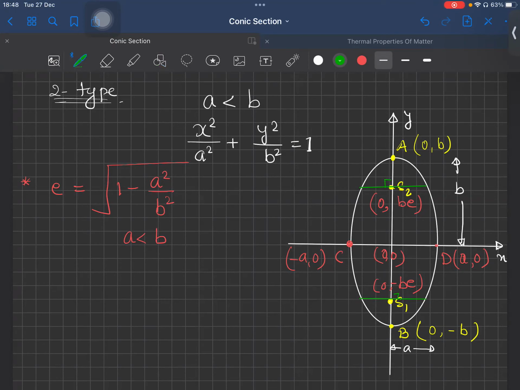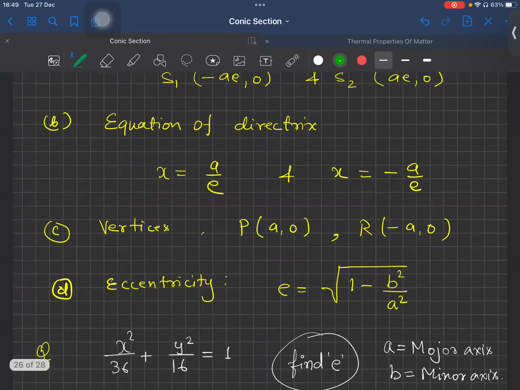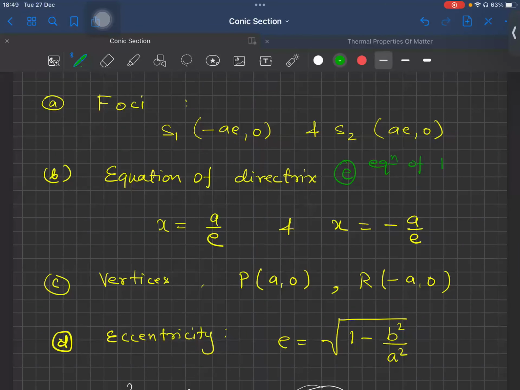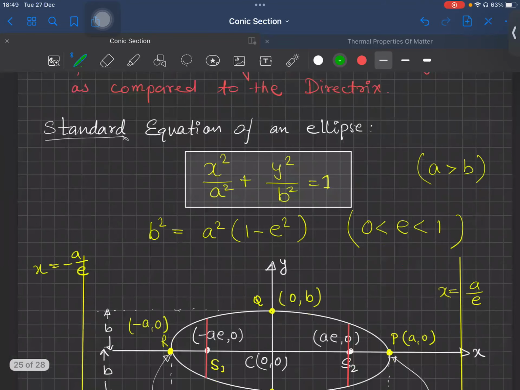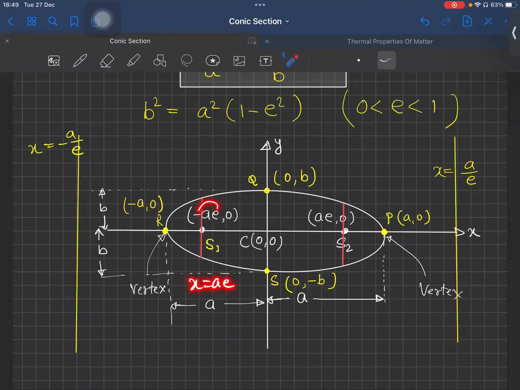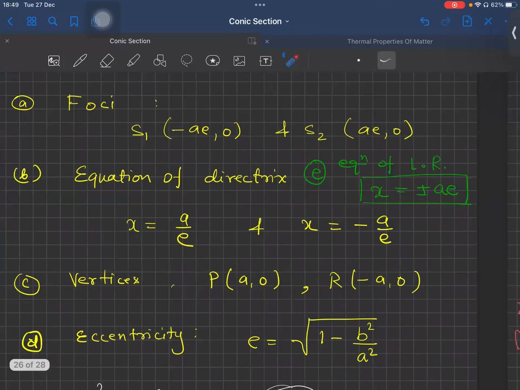So let's write the equation of latus rectum. The equation of latus rectum will be y is equal to plus or minus b times e, because it is passing through the focus. In the earlier case, the equation of latus rectum was x is equal to plus or minus a times e, because the latus rectum was these two lines, x is equal to ae and x is equal to minus ae.